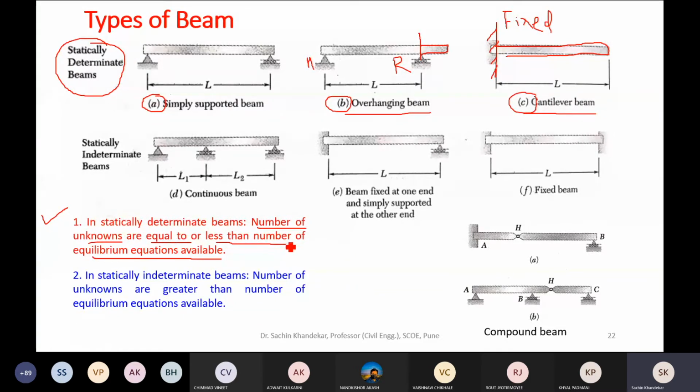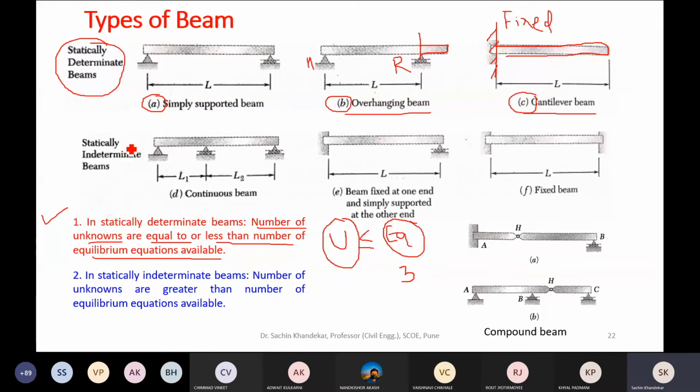So the number of unknowns, say u, is usually less than or equal to the number of equilibrium equations available, and hence we can solve for those unknowns by applying the conditions of equilibrium, that is summation Fx = 0, summation Fy = 0, and summation moment = 0. As we know, the maximum number of equilibrium equations available is 3.